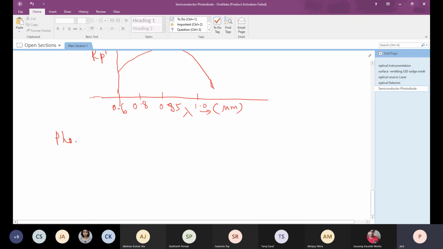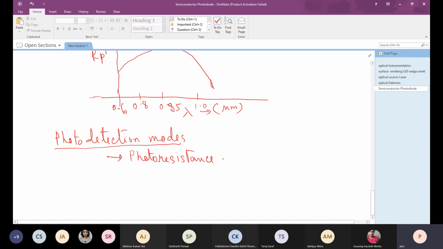Photodetectors can be in conduction mode, that is photoresistive or photoconductive mode, where the change in resistance or change in conductivity is proportional to the photon flux.